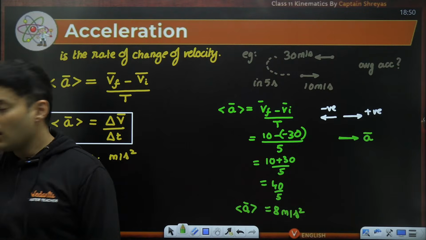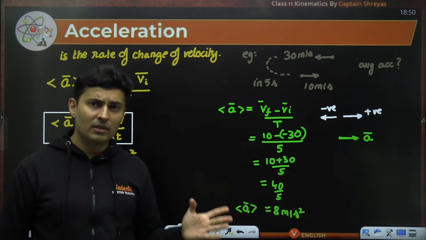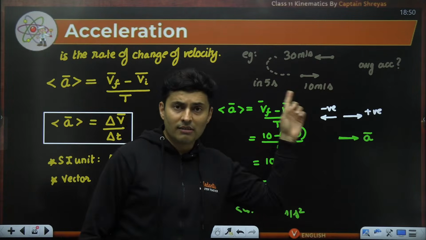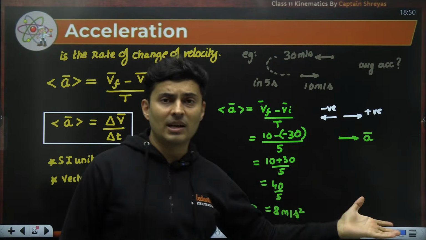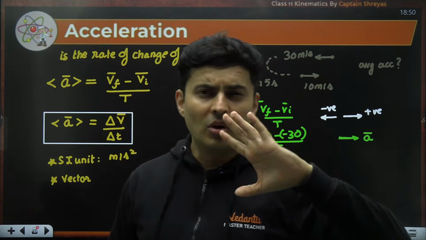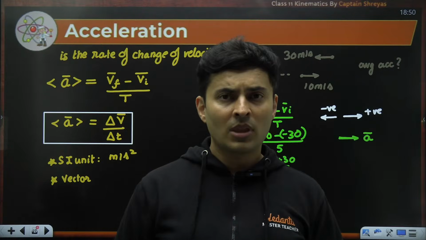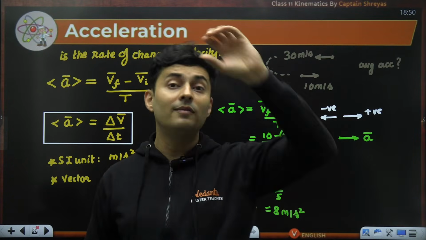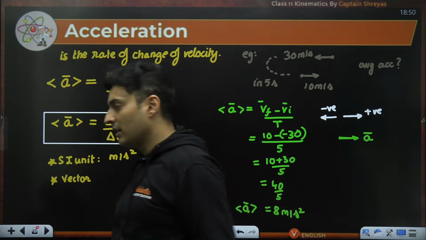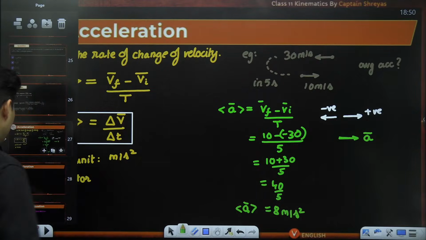Is this clear? How to be careful with the sign convention, how to write the signs. Always assume some direction as positive. So all the vectors in that direction are positive, against it will be negative. And if you follow it properly, then you will get the final answer also with the correct signs. Else you will make blunders.